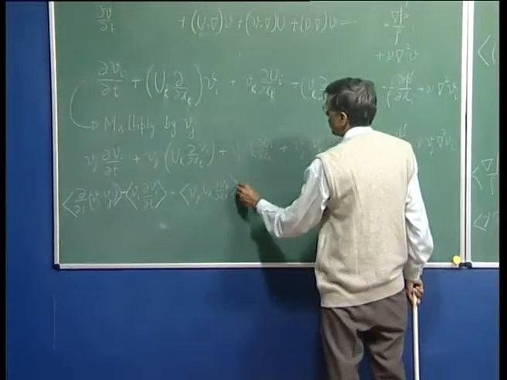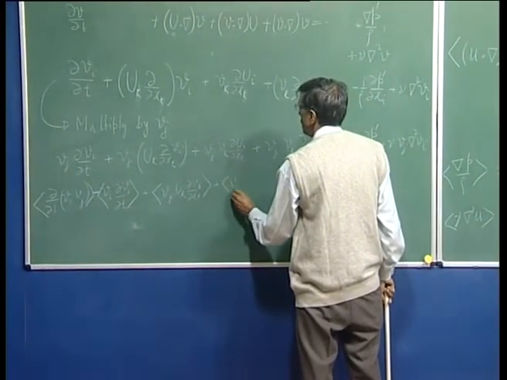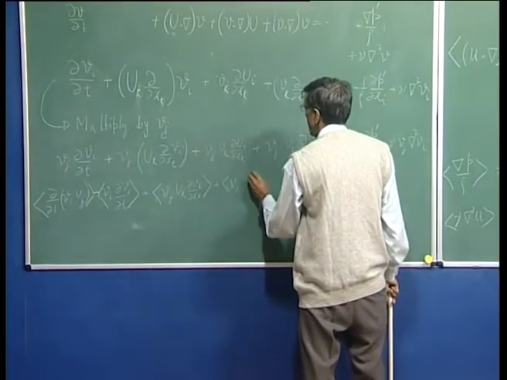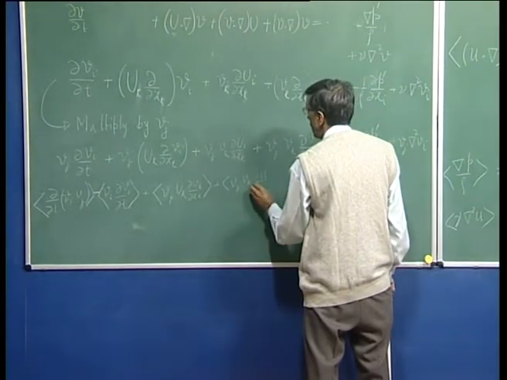Now, this also would come in here like this, Vj Vk del Ui del xk.